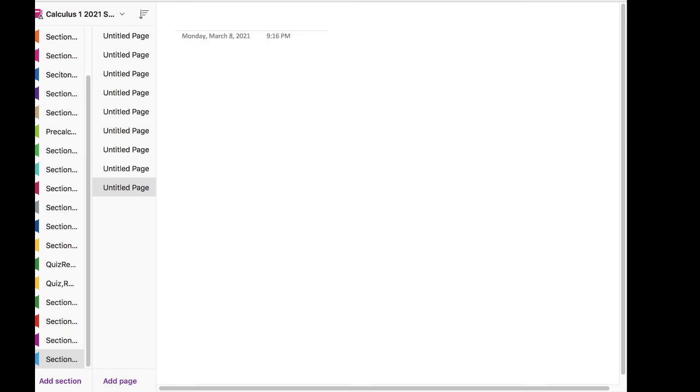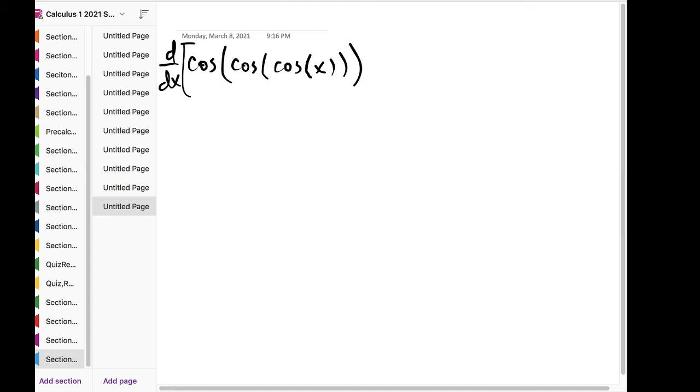Okay, let's do cosine of cosine of cosine of x. What's f and what's g? By the way, when you have a lot of different parentheses, I often like to alternate between a square bracket and a parentheses.